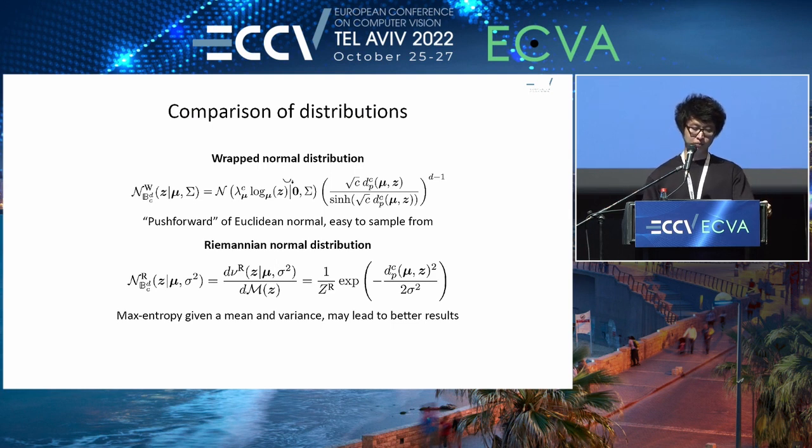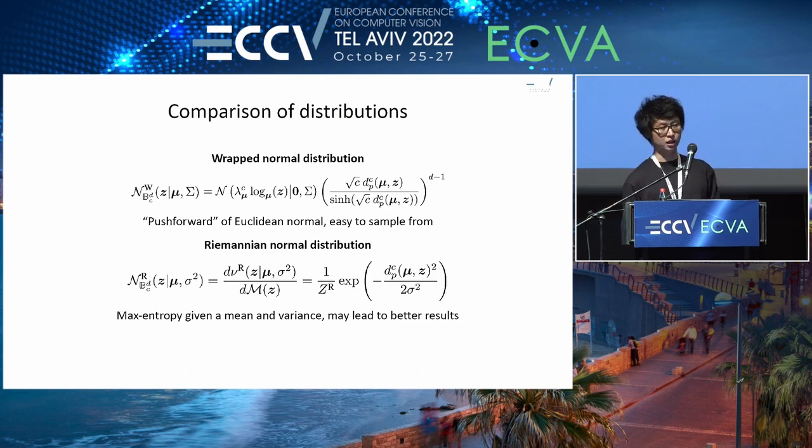The other distribution is called the Riemannian normal distribution. In this generalization, instead of pushing forward the measure of the usual Euclidean distribution, they take the view that the correct normal distribution on hyperbolic space generalizes the property that the Euclidean normal distribution maximizes the entropy given a set mean and variance.